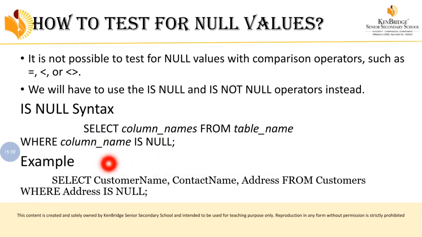Wherever the address is null, I need that particular customer's name, contact name and address from the customer table. So this query will select the customer name, contact name and address from the customer table where the address is simply left over.